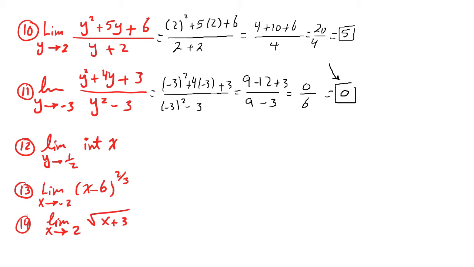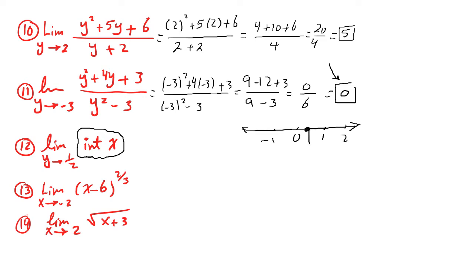Now, the meaning of integer x, or the greatest integer function, is: what is the whole number that you are passing through before you reach x? For example, if you draw the number line here, here is negative 1, 0, 1, and 2.